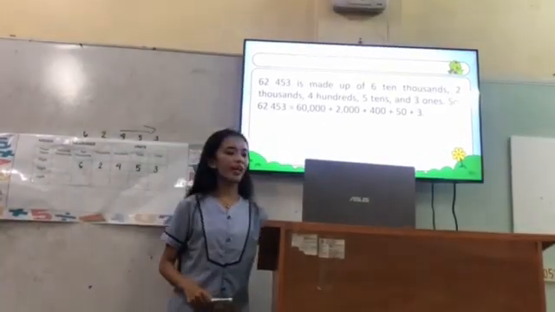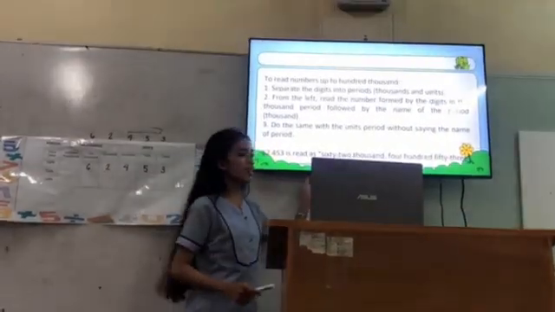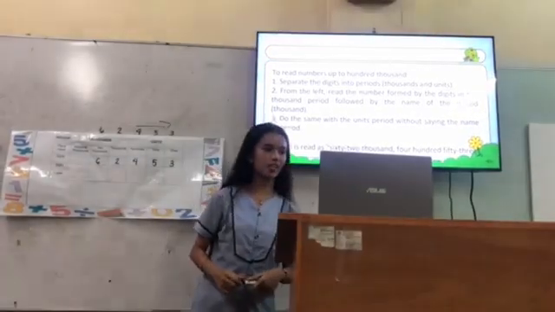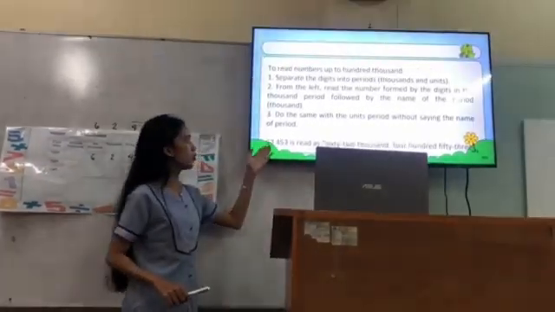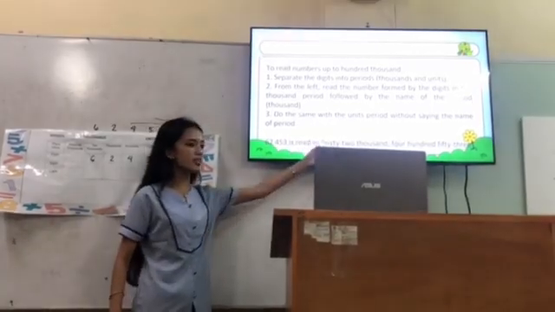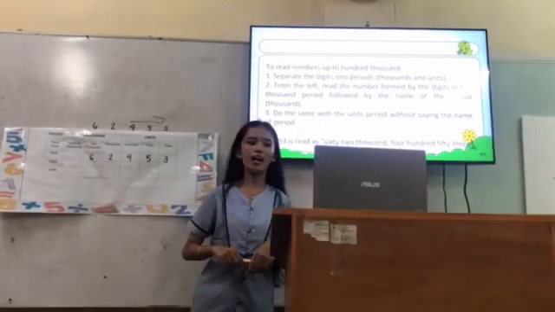Now, we have here our number. To read numbers up to 100,000, will you please read? Okay. So, 62,453 is read as sixty-two thousand, four hundred fifty-three. Wait, I have an addition.